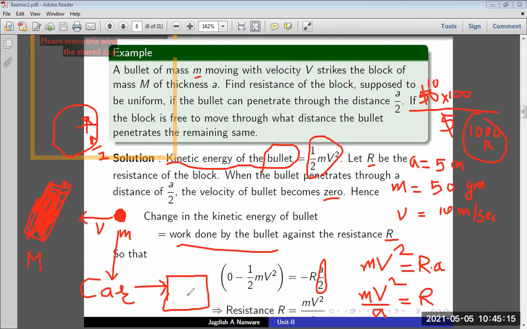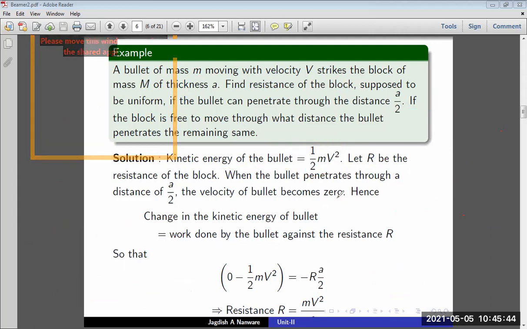And we have some accident cases where one vehicle is not moving, but another vehicle hits that vehicle which is stopped. In that case, you can apply this formula to know the resistance of that moving car. Okay, so let us see the further solution.